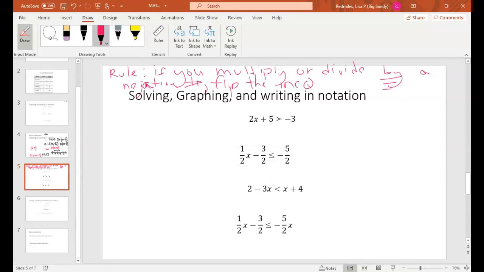In other words, if it was less than, you make it greater than. If it was greater than, you make it less than. That is the only additional rule. So really, other than that, you simply treat it as if it were an equation.